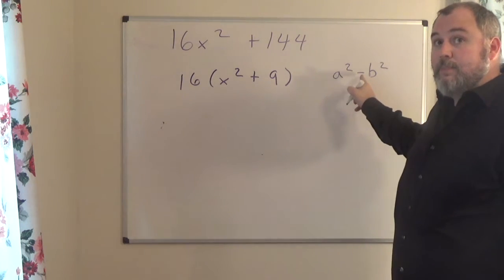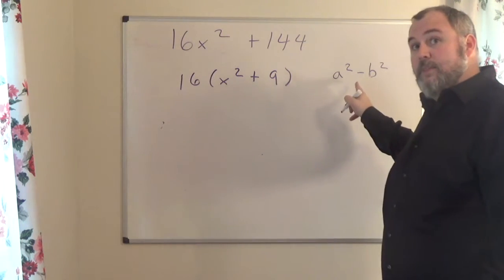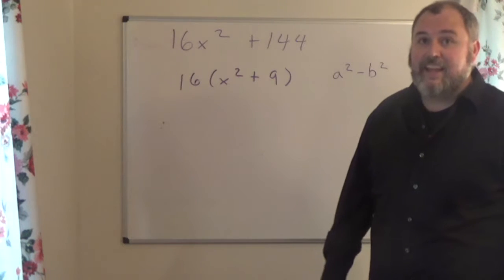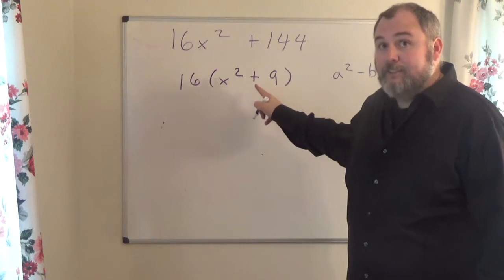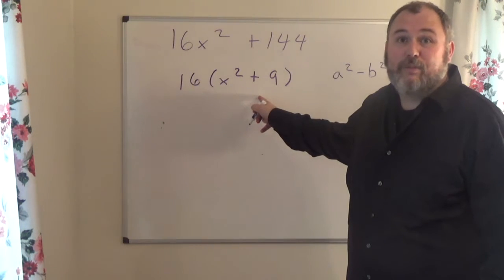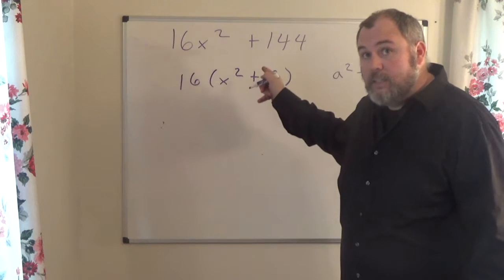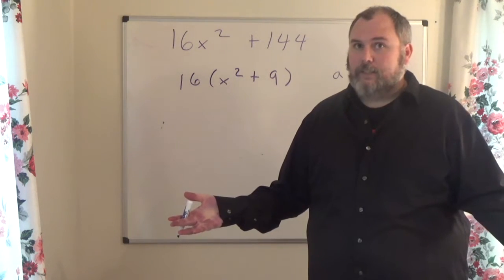See that? That's the difference. This is an addition. This is not. So what is this telling me? This is not a special product. So guess what? I can't do anything else with this. I've gone as far as I can. This now is what we would call prime. It's been factored as far as I can factor it.